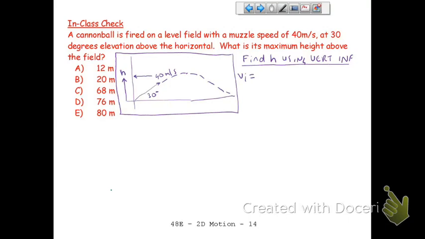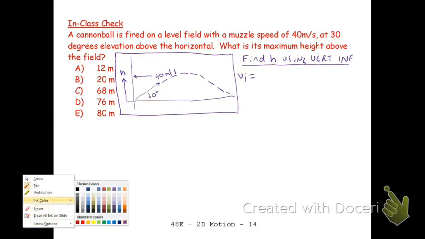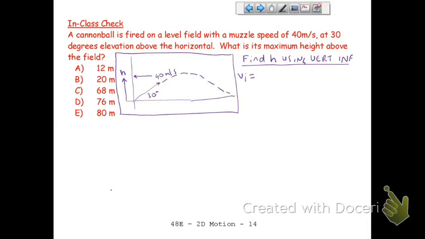It's going to be for Vi, I'm talking about vertical information. I'm visualizing there's the Vi I'm interested in because it's vertical information. So that would be 40 sine 30. Can you see it?